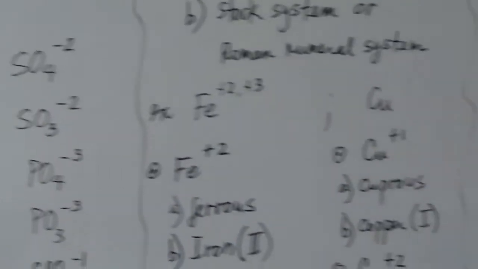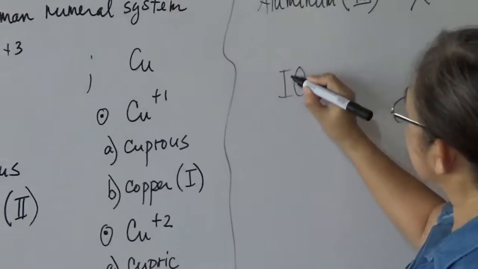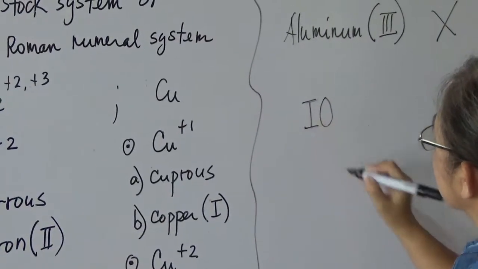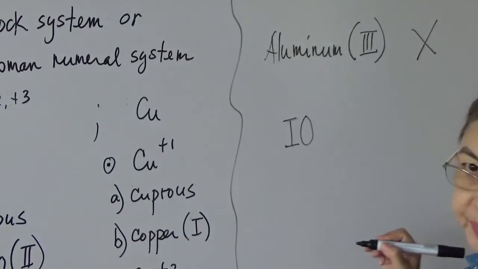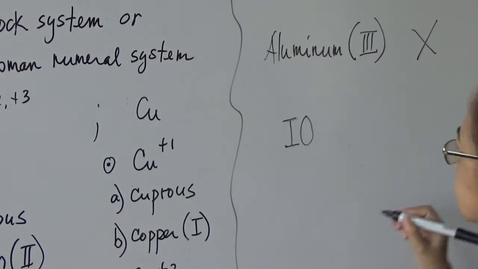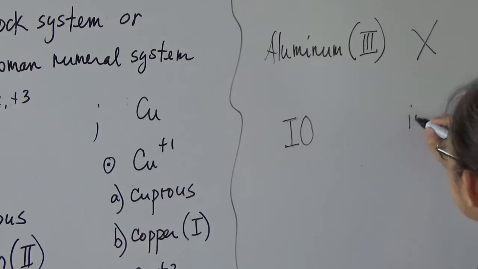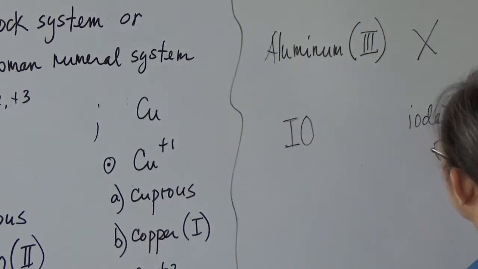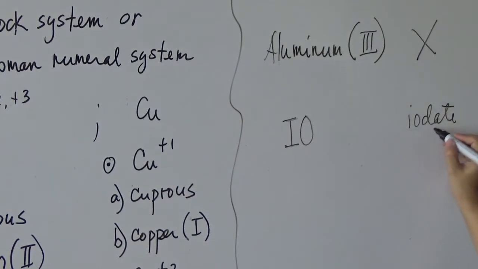For example, if you have an oxyanion which is composed of iodine and oxygen, kindly give me the symbol and charge of iodate. So iodate, you have iodine, and it ends with ate.